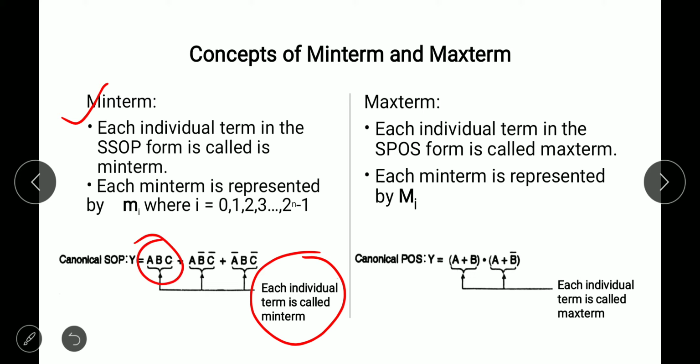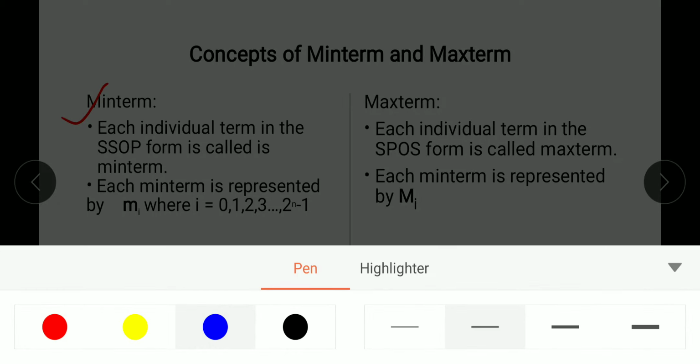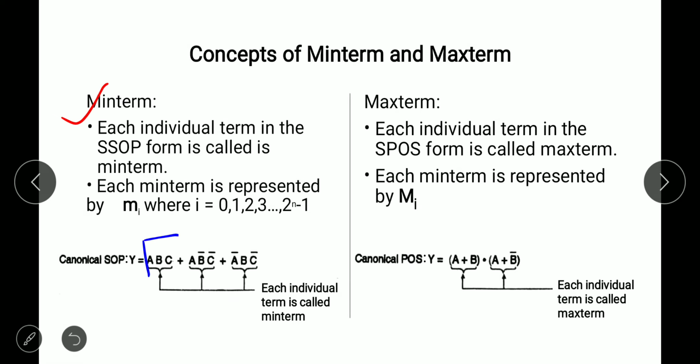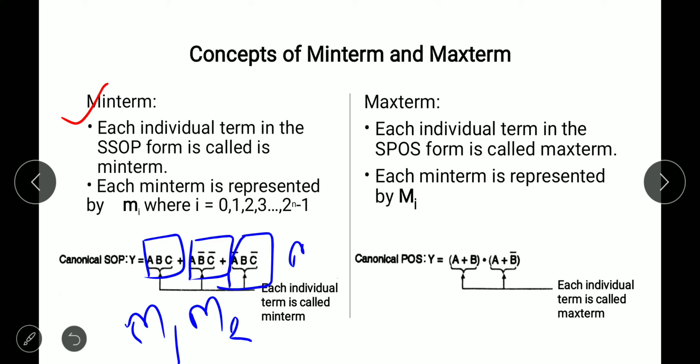That is, ABC is the first min term, A B bar C bar is the second min term, and A bar B C bar is the third min term.